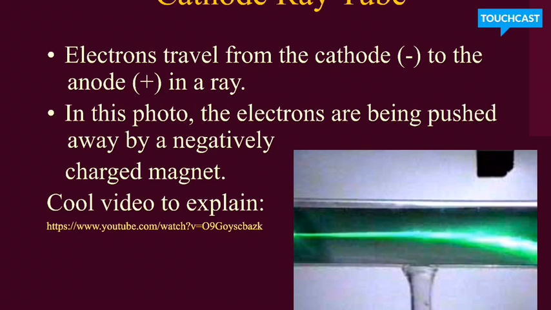As you can see in this photo, there is a tiny magnet being pushed down towards that luminescent ray in the middle of the tube. When he put that magnet down, it bent. That means that whatever was inside that tube, which there wasn't anything in there, it was a vacuum, whatever those things are, they must have an electrical charge.